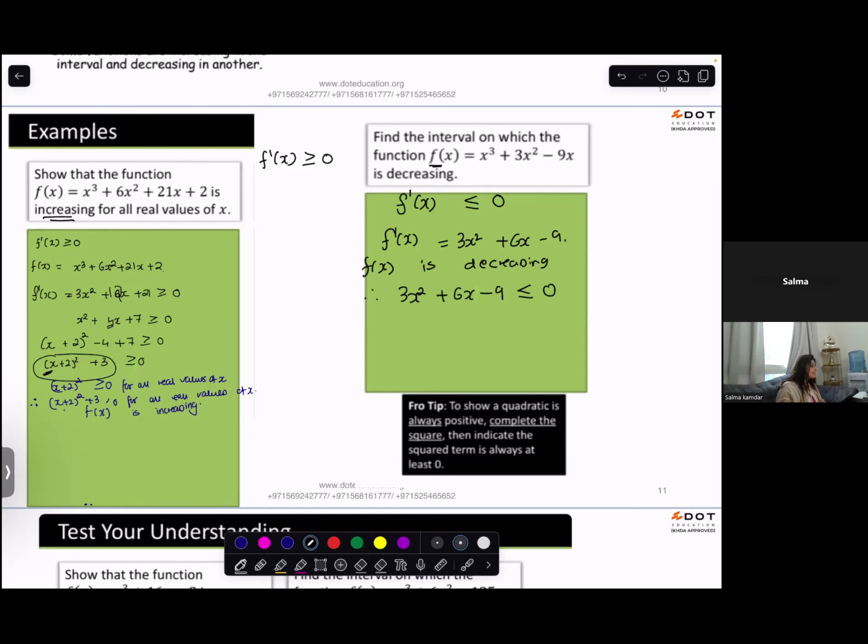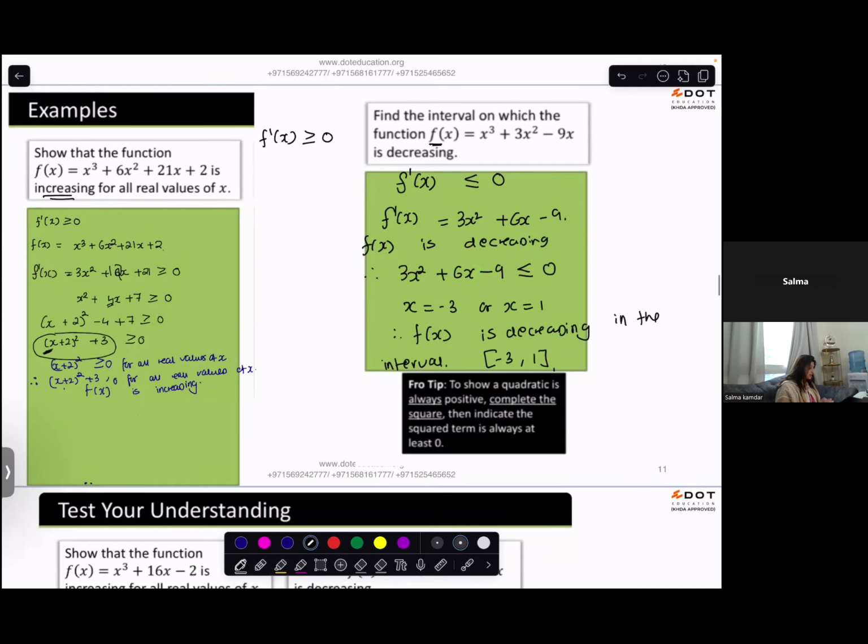You can put it directly in your calculator, and you're going to get x is equal to minus 3 or x is equal to 1. So I need to find the interval in which this function is decreasing. Therefore, f of x is decreasing in the interval minus 3 comma 1.